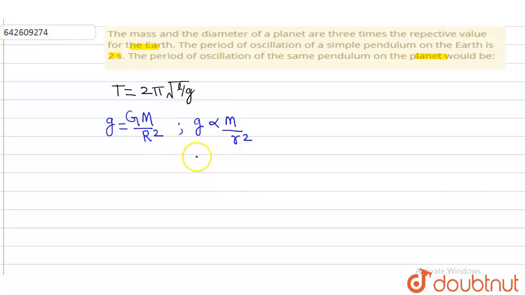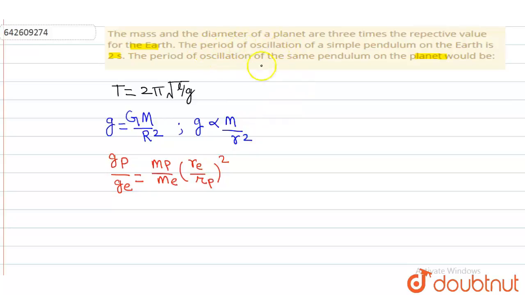Now I can write according to this: g of planet divided by g on earth. For mass it is directly proportional, so it will be mass of planet divided by mass of earth, but radius is inversely proportional, so I can write radius of earth divided by radius of planet whole square.